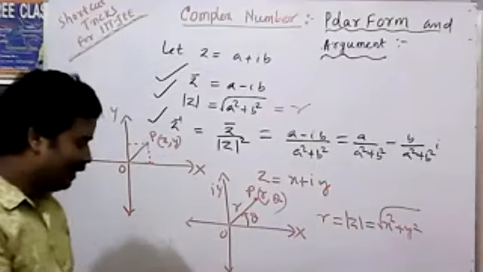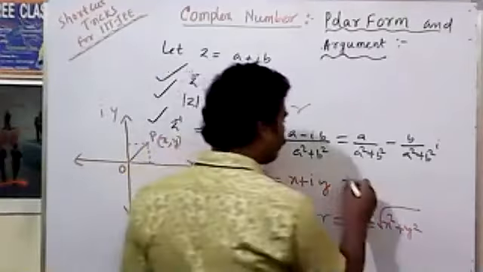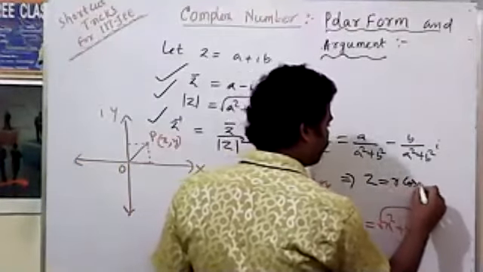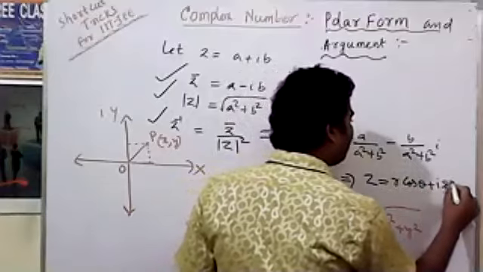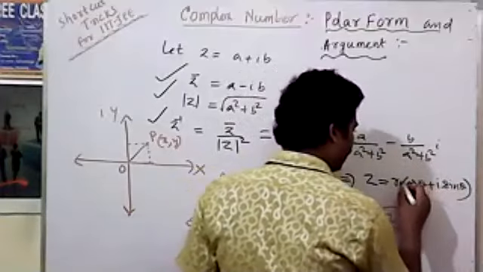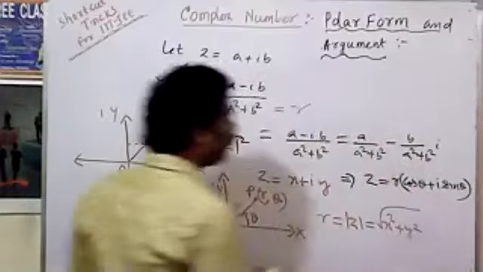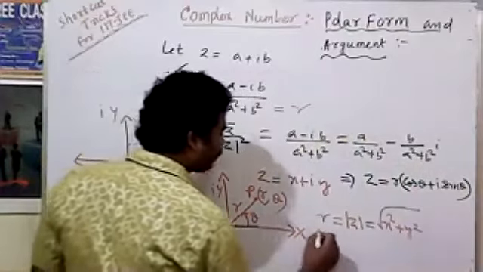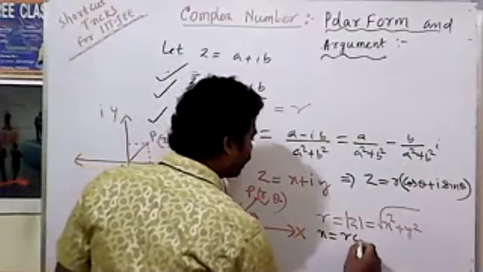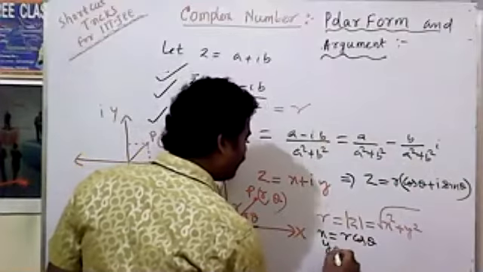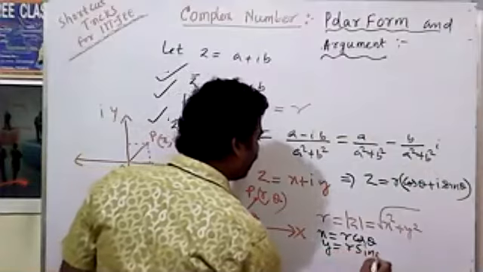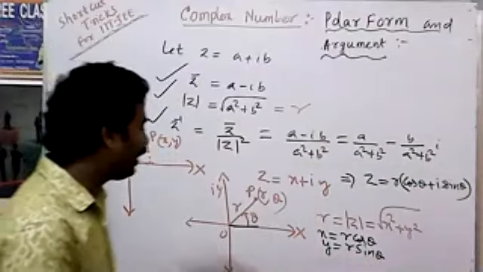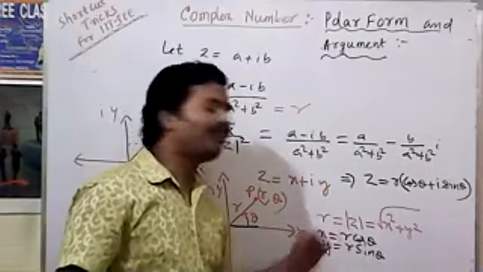This z is converted to polar form: z is equal to r cos theta plus i sin theta, meaning x is equal to r cos theta and y is equal to r sin theta.